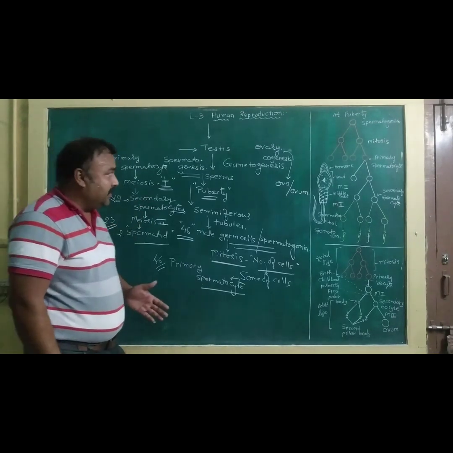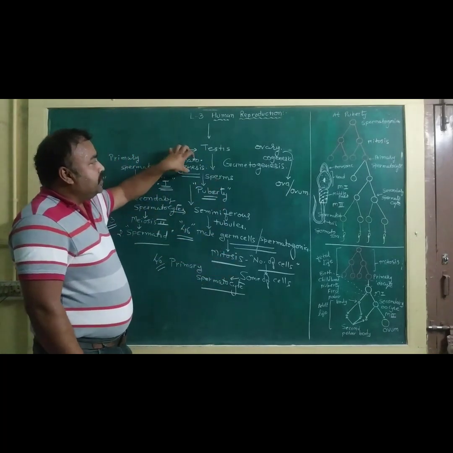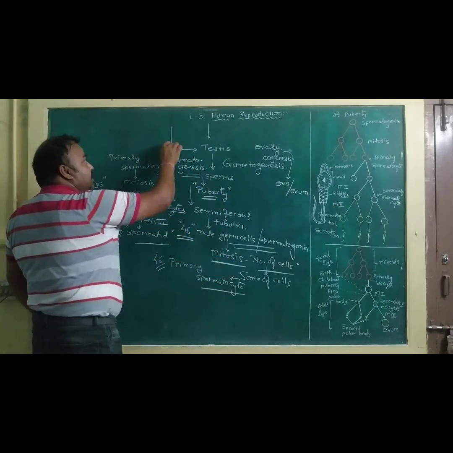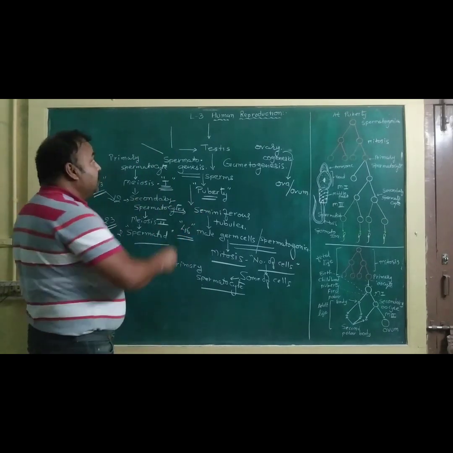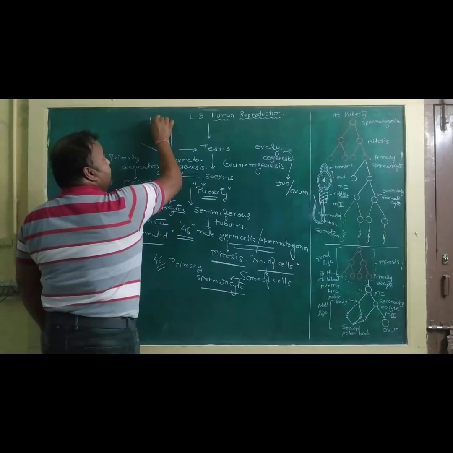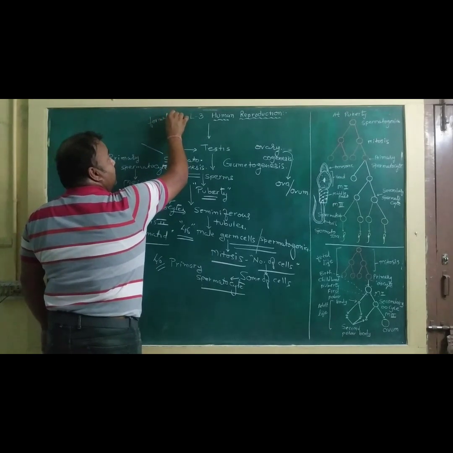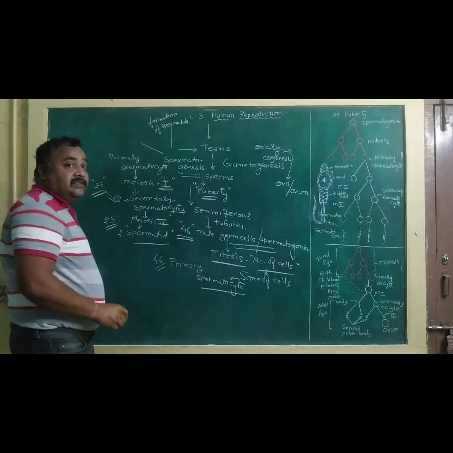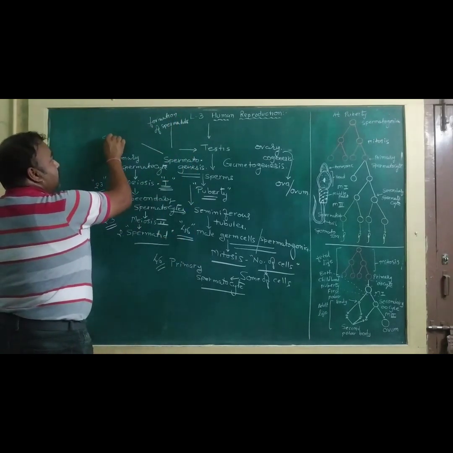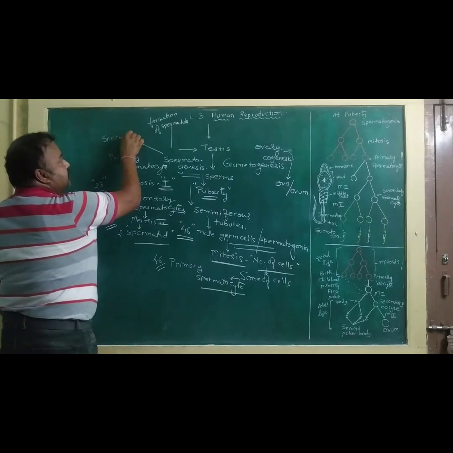So we can say that the process of spermatogenesis is divided into 2 subphases. First one is the formation of spermatids, and second, spermiogenesis.